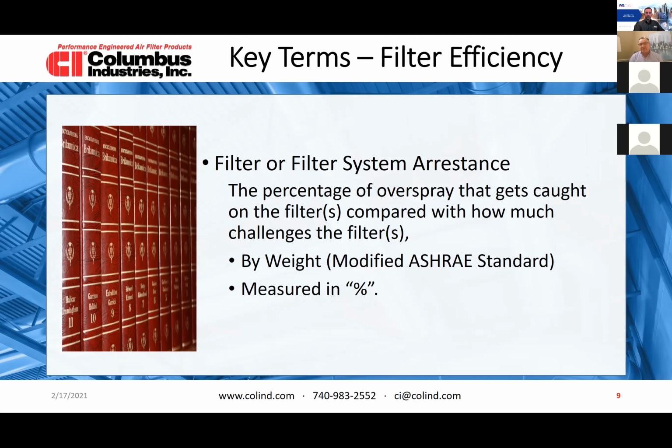It's not measured by particle sizes or particle distribution or efficiency level at the micro level. So whenever you're talking about coarse filtration, you're talking more about arrestance by weight. It's a modified ASHRAE norm that is used for paint, for example, that does apply in this case. And the unit for that is percentage.